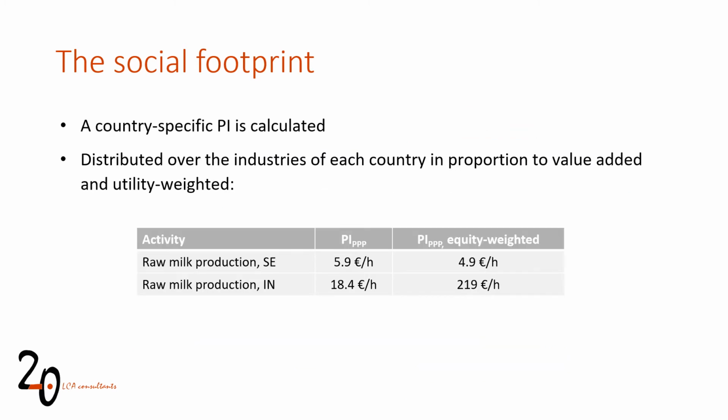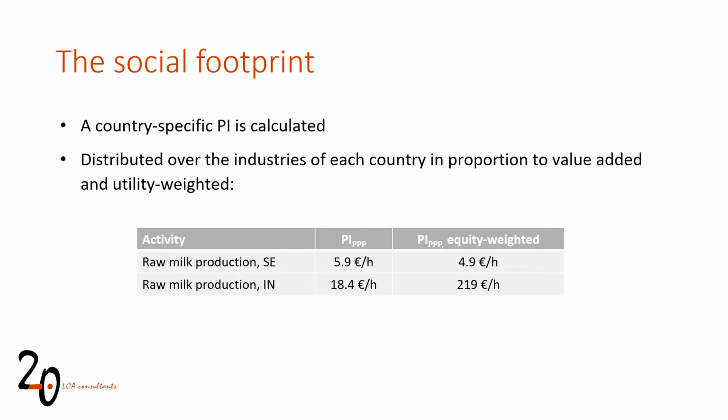And once we have a country-specific productivity impact, what we do is to distribute this value over the industries or economic sectors of the country in proportion to the value added of each economic sector, and then we apply utility weighting. Here you have an example of the productivity impact for milk production in Sweden and in India.